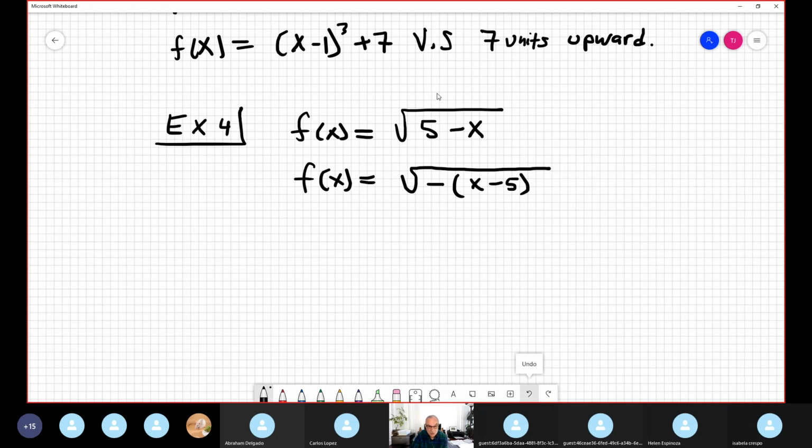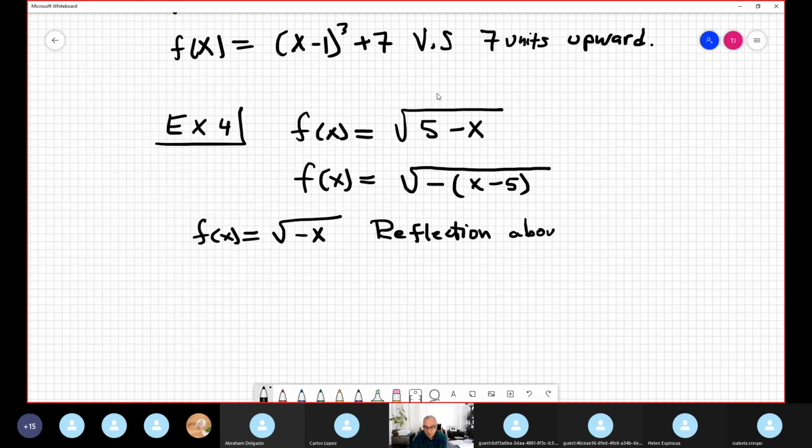The first transformation I can see is this. Look, suppose f of x is equal to the square root of negative x. This is a reflection about the y-axis.